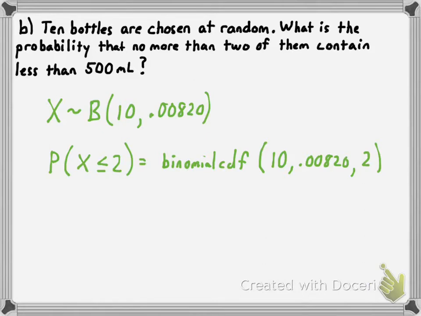And that's going to give you your probability. And this was a very high probability. In fact, to 3 significant figures, it is 100%, because it's 0.9999, so about 1.00. So it wasn't actually 100%, but it's darn near enough certain that no more than 2 bottles will contain less than 500 milliliters from this particular company.